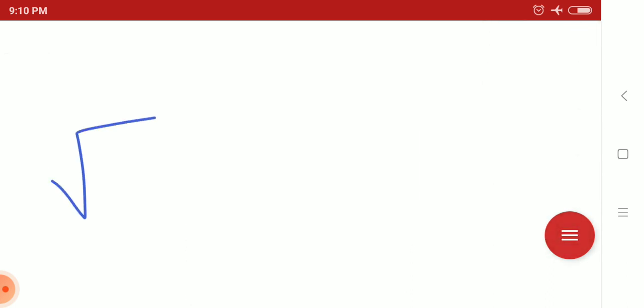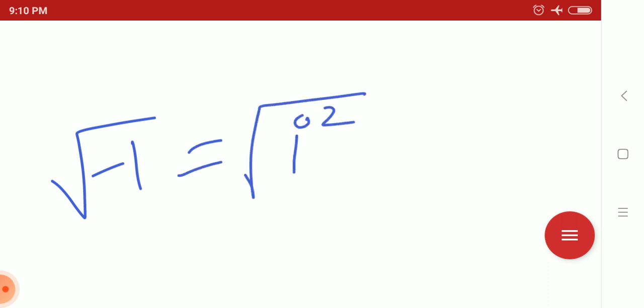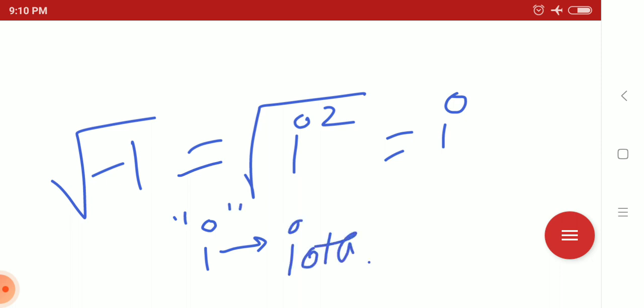Suppose I write root of -1. This is an imaginary number, and it can be written as root over iota square, and that is actually iota. Yes, this is an imaginary number, and iota is defined this way.